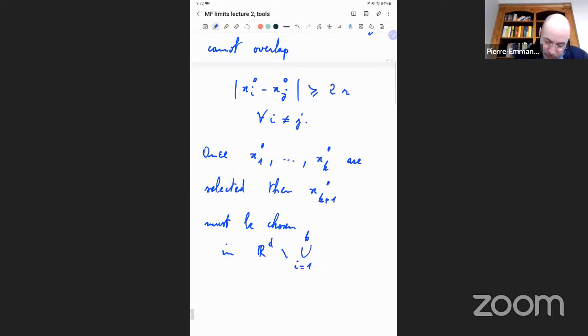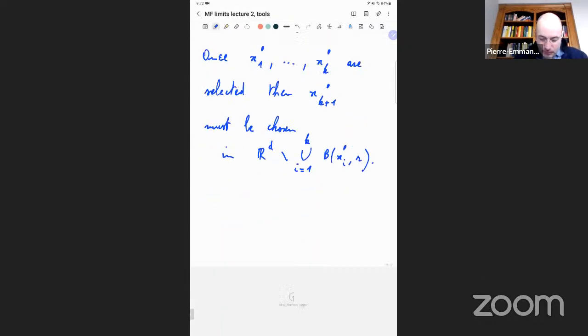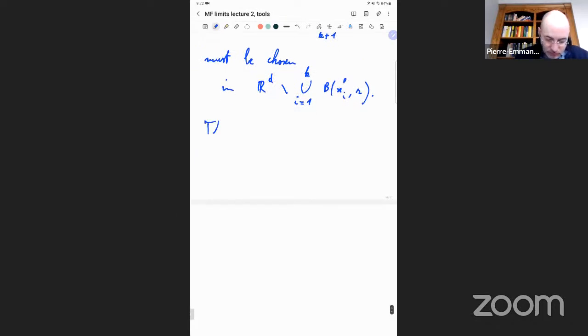From i equal 1 to k of those balls centered at xi0 and of radius r. So there has to be correlations, some level of correlations. But this is small, provided that r is also very, very small.